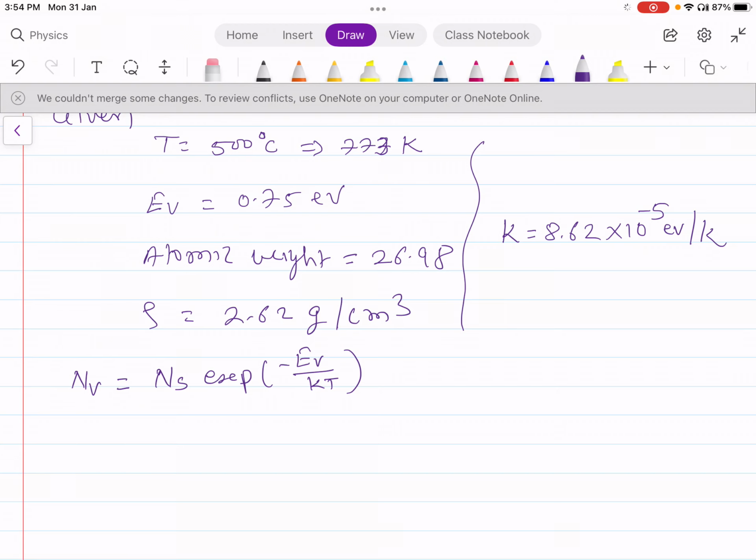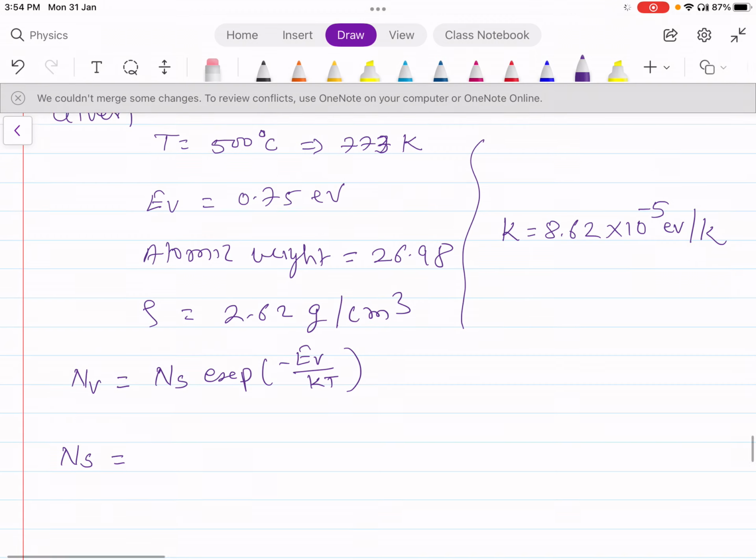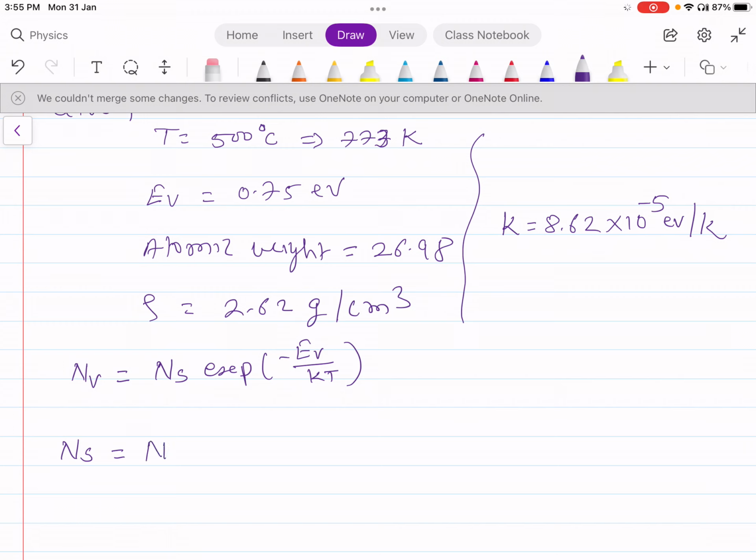As you can see here, Ns, the number of atomic sites, is not given. And the number of atomic sites we can find by the formula rho into Avogadro's number divided by atomic weight.